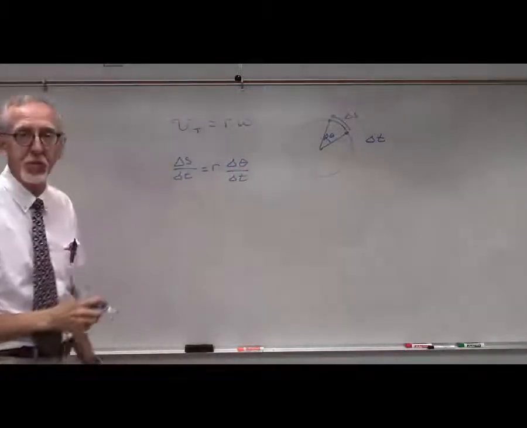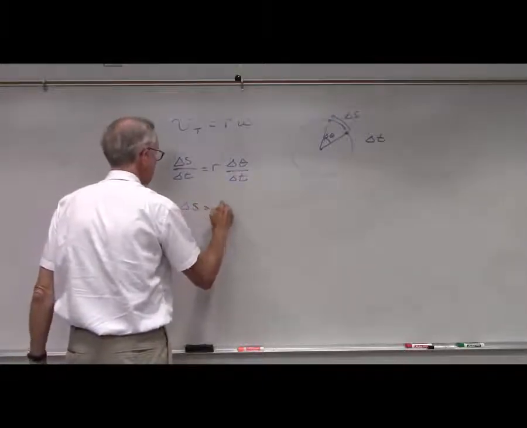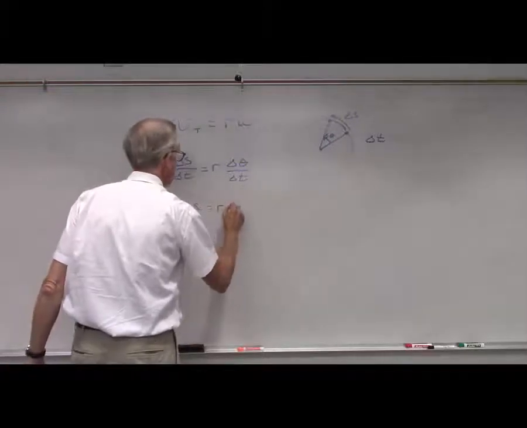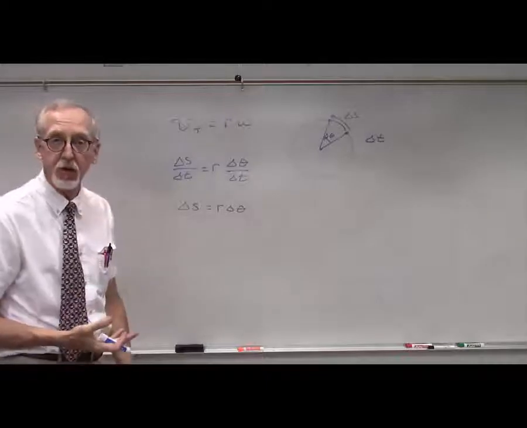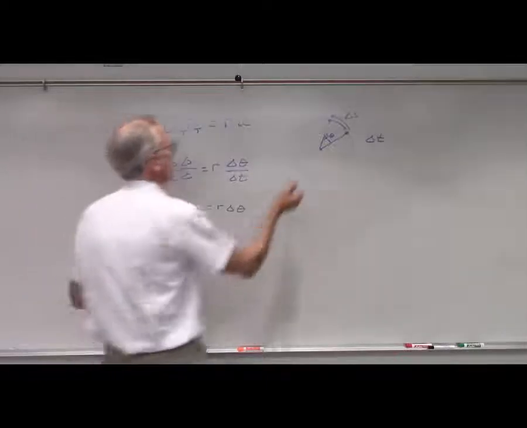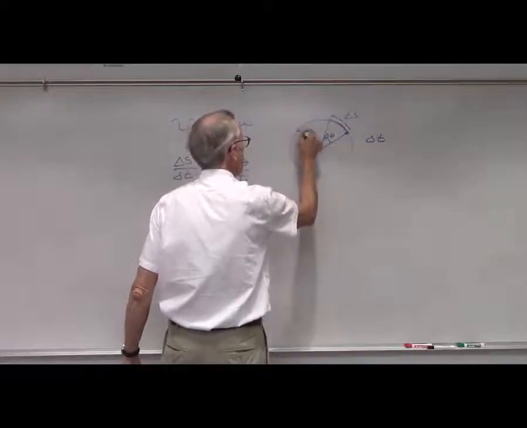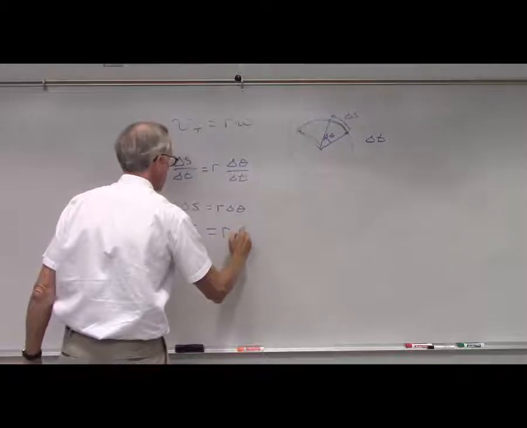And then multiplying both sides by delta t, we have delta s equals r delta theta. Or if we wanted to look over some larger macroscopic time for some larger arc length s, we can say that s equals r theta.